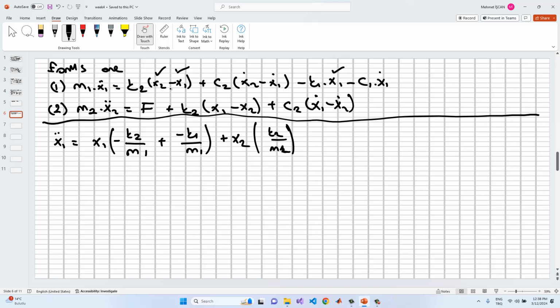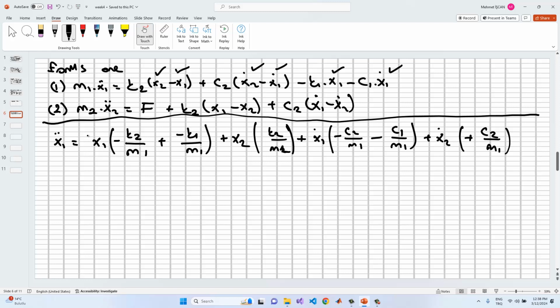Is there another term for the x2 in here? I think no. And plus x1 dot, which is equal to minus c2 over m1 minus c1 over m1, right? And x2 dot is c2 over m1, right? Is that correct?